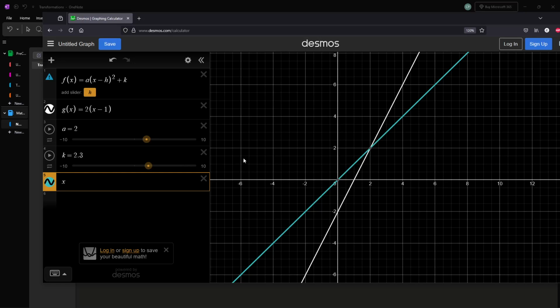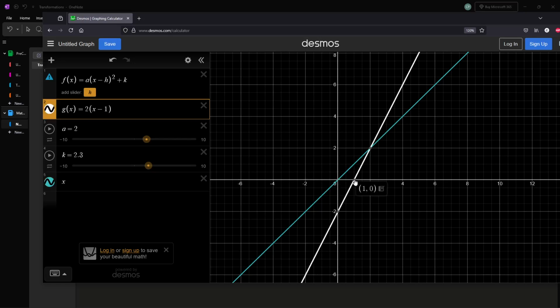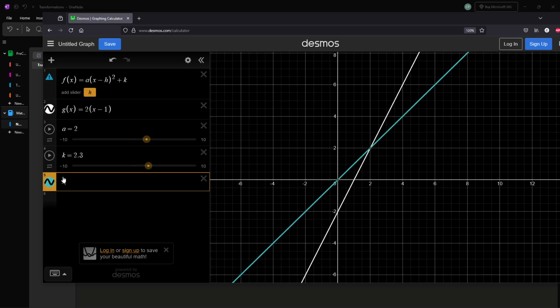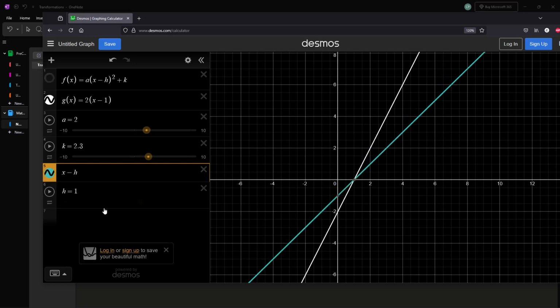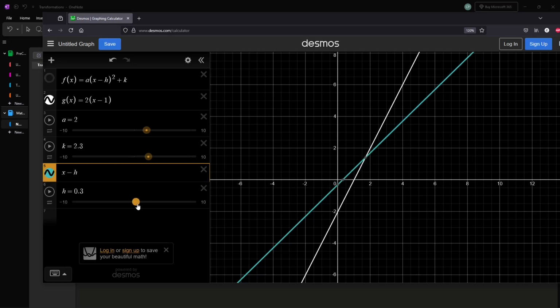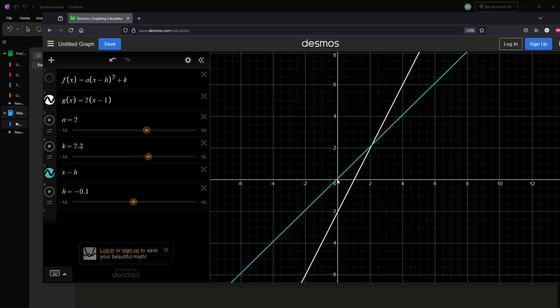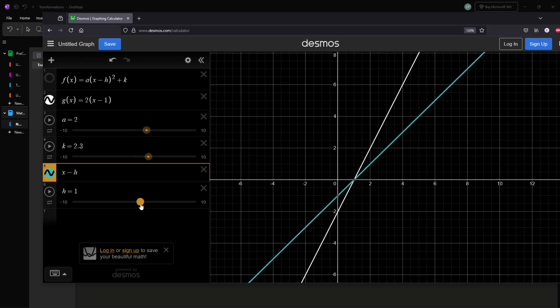First off, my line is not crossing 0, 0. So where can I move it to a point? I can move it to the right to 1, 0. I moved to the right 1, so minus h. Imagine this point right here, and see it slide to the right.